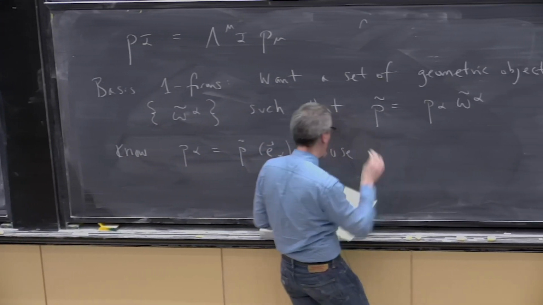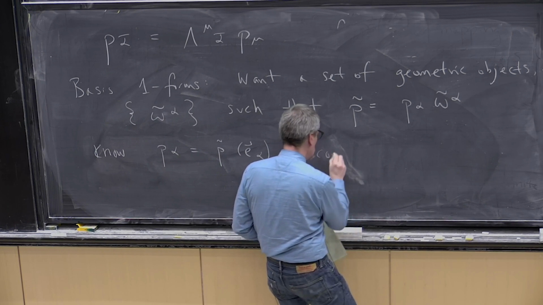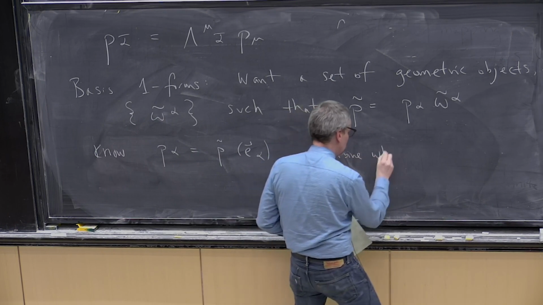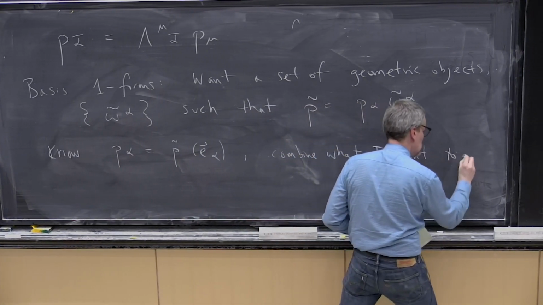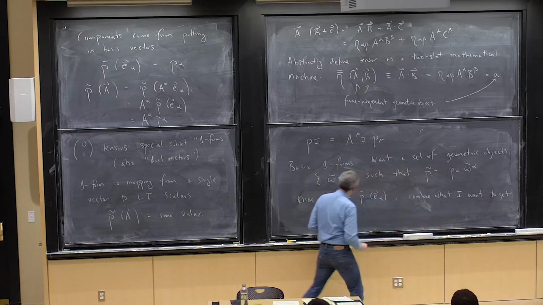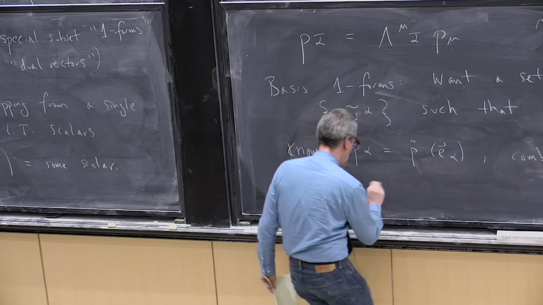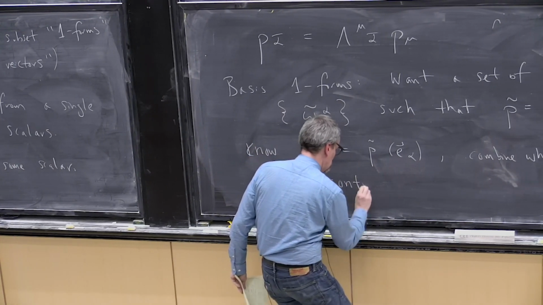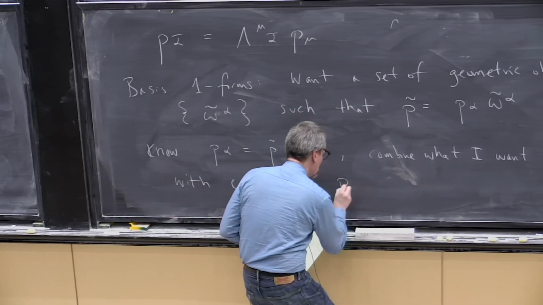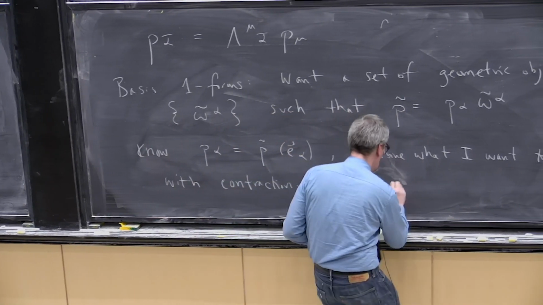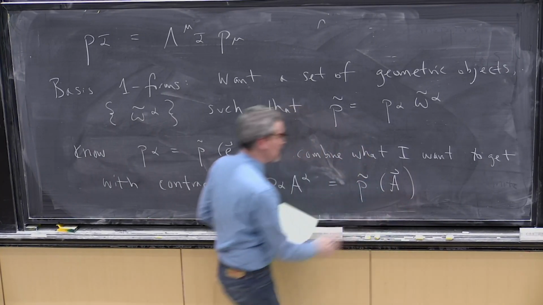And so what I want to do is combine this with the defining operation of contraction. Okay, so I know p_alpha A^alpha is what I get when I've got my one-form and I plug into its slot the vector A.